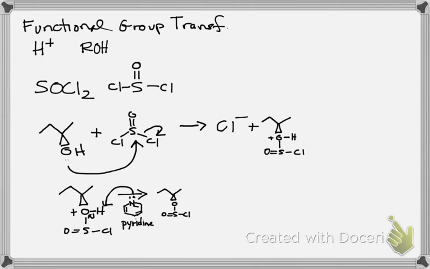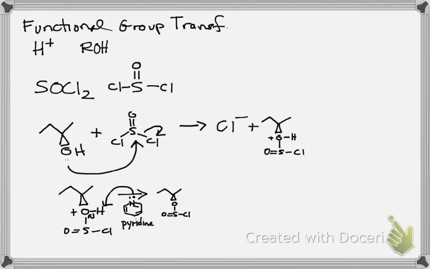Turns out this stuff that's down here makes a really good leaving group. So now the chlorine that you released up here can act as a nucleophile and kick this thing off. That is, the chlorine comes back into the picture.